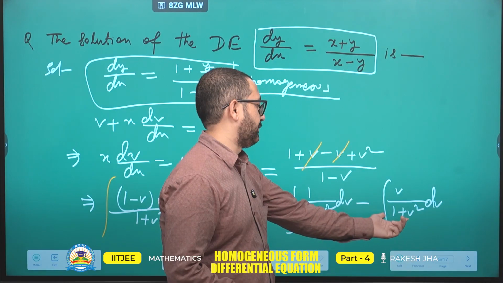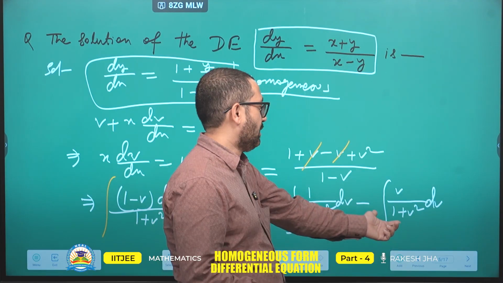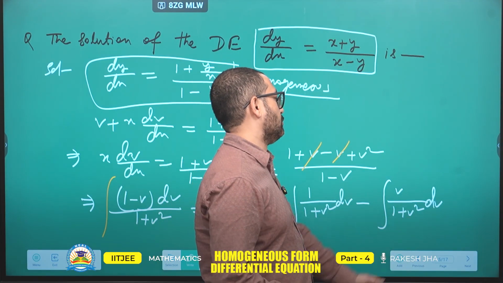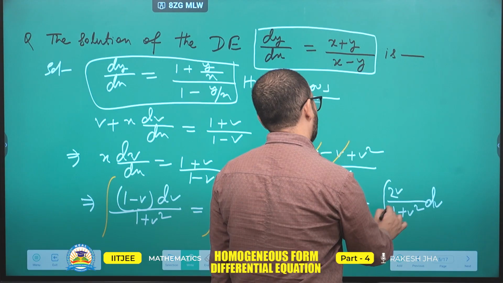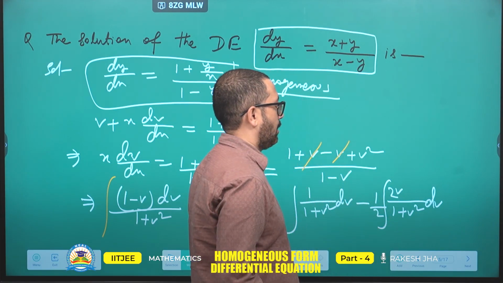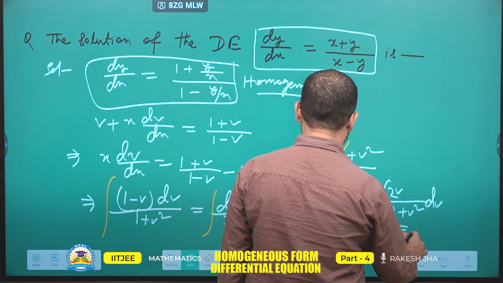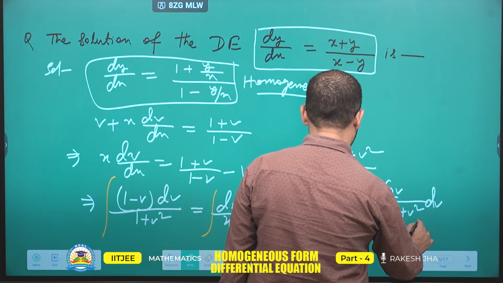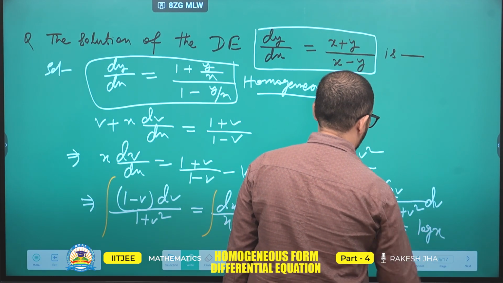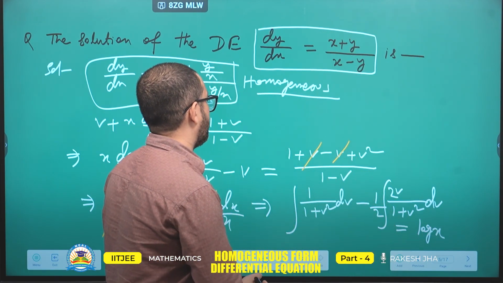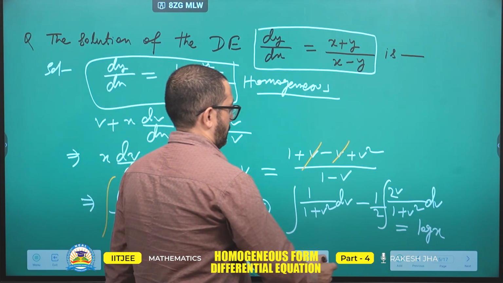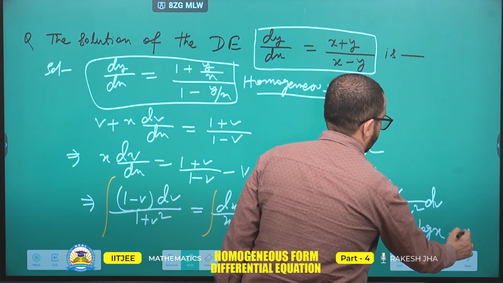If you differentiate 1 plus v square, 1 is 0, v square gives 2v, so we keep 2 here, and to neutralize it, 1 upon 2 we can write, and on the right hand side we can write nothing but log x plus c.